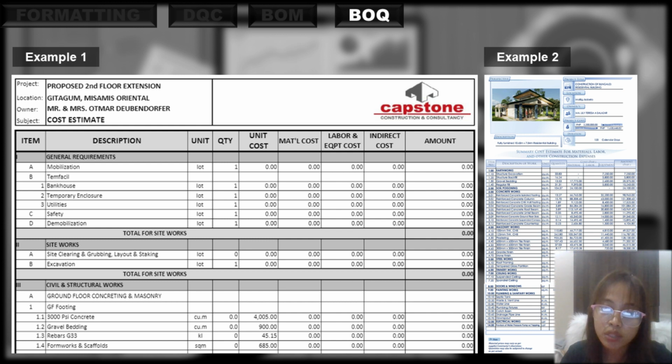Shown are two examples of presentation of BOQ. We notice here they differ in orientation and format, but the same concept in arriving the important details such as material cost, labor, and equipment cost plus indirect cost.